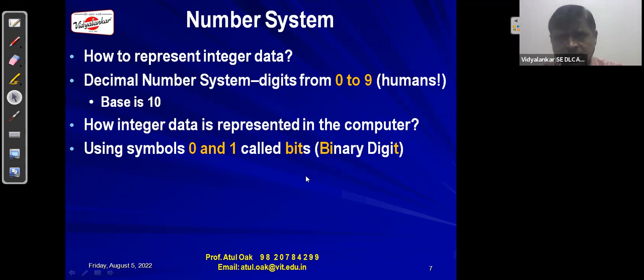Let me repeat point number 3 because it's a big one. It's basically a comparison to bring in number systems. So just go through it quickly.